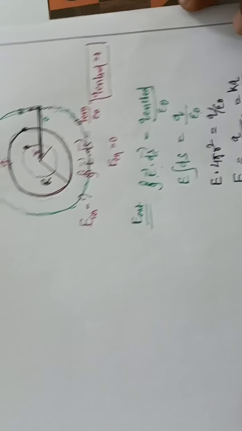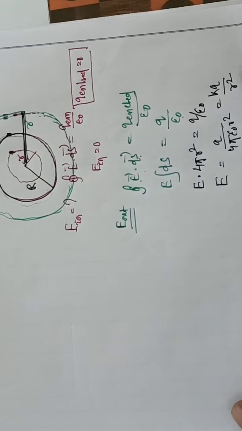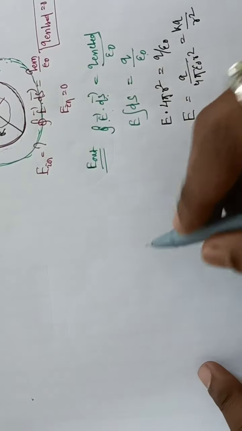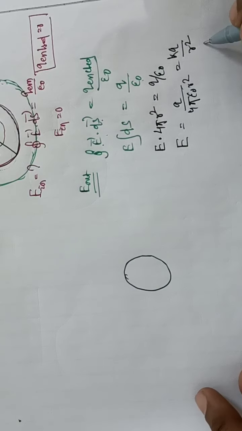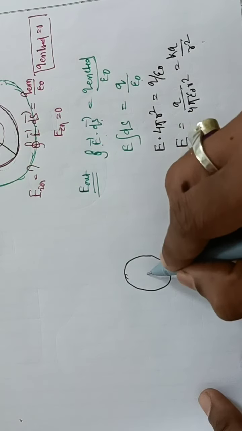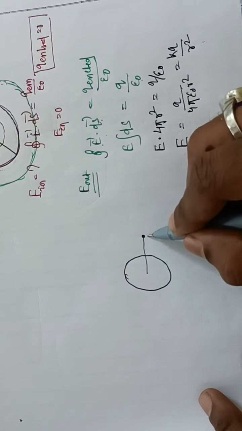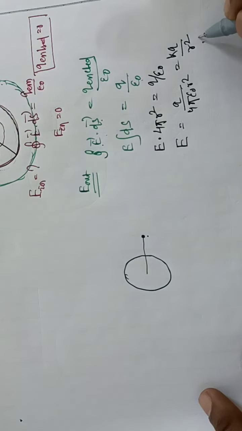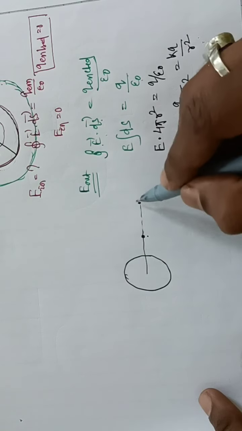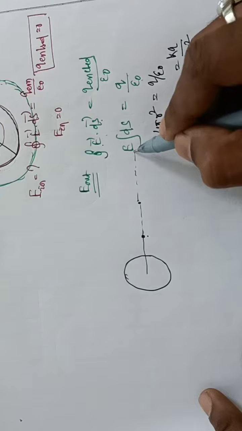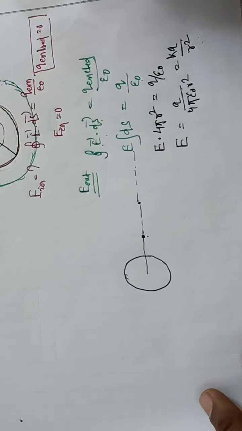A student has to be very clear: this is an expression like that of a point charge, and this is pretty obvious. Suppose this is a sphere and I find the electric field at a point here; the expression comes out like a point charge. If the point is a little farther, and a little farther still, at a very large distance this sphere looks like a point.